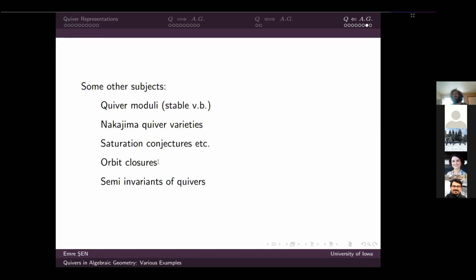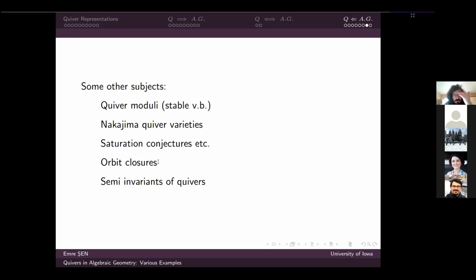What are the other possibilities? Those are not just limited to these things. I chose these quivers because I am using them in my research. But what are the other things? Just a few words. One can consider this quiver moduli, basically the Nakajima quiver varieties. We have the notion of stability, stable bundle, right?